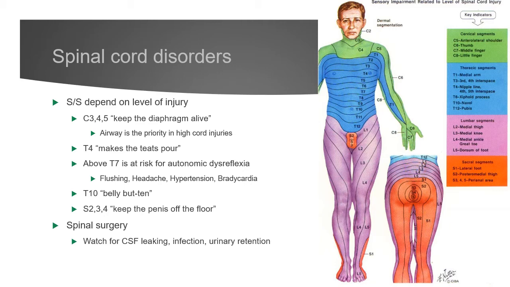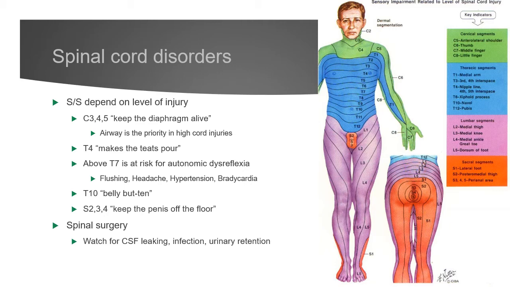Look at the site, make sure that there's nothing leaking, like a soaked dressing. That would indicate maybe CSF was leaking, and then signs and symptoms of infection. Also monitor urinary output because, again, neurogenic bladder or urinary retention is a common finding after spinal surgery, and the patient can't go home unless they can urinate.